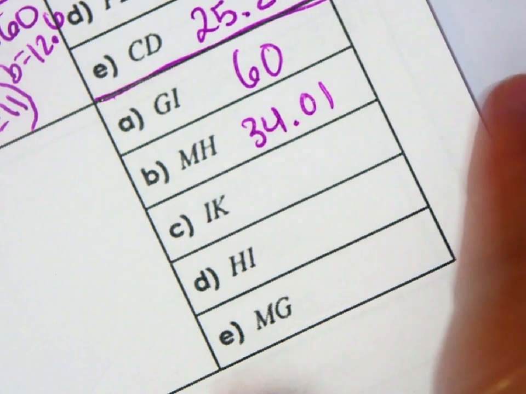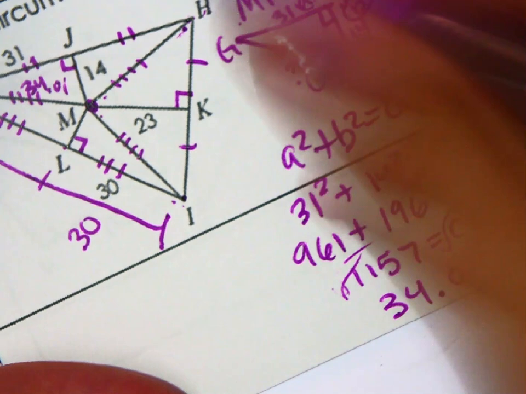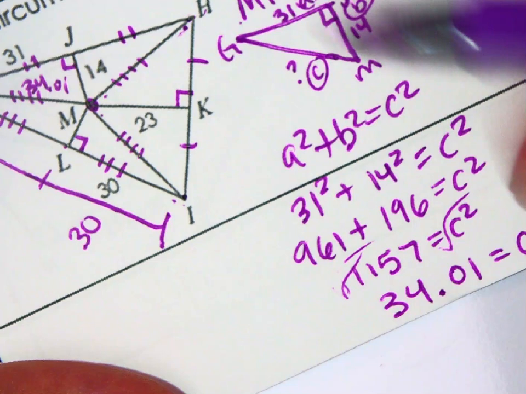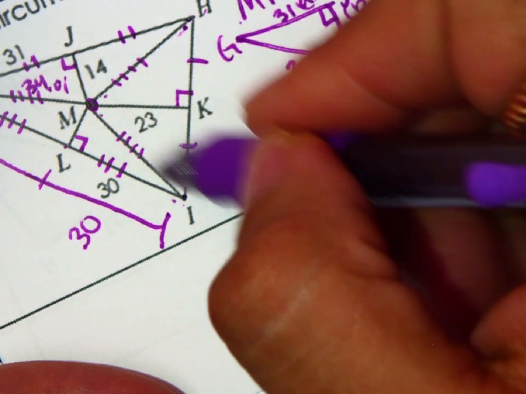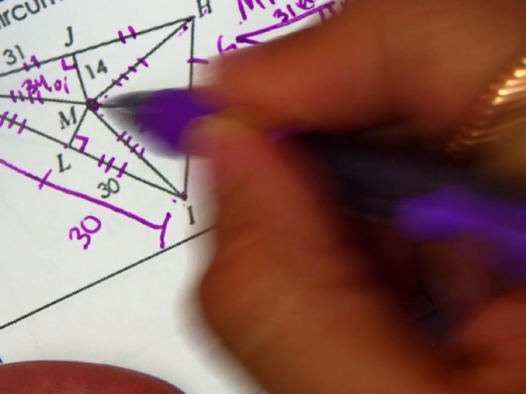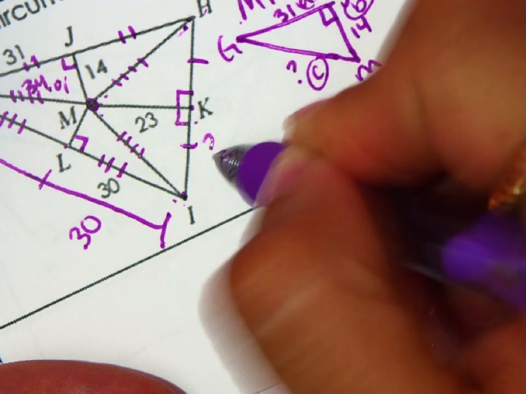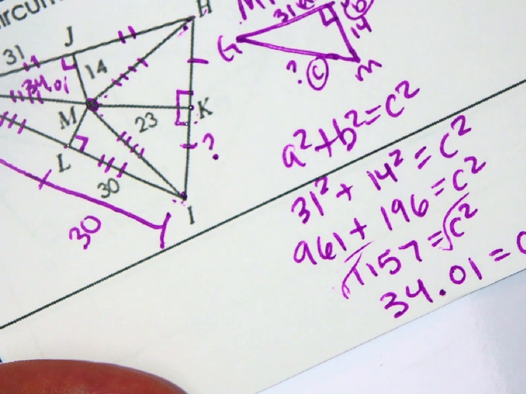Okay. IK is this part. Now that we know what this is, and we know that this is 23, we're going to have to use the Pythagorean theorem to find what this side is, IK. Let me separate this into sections so it won't look confusing.